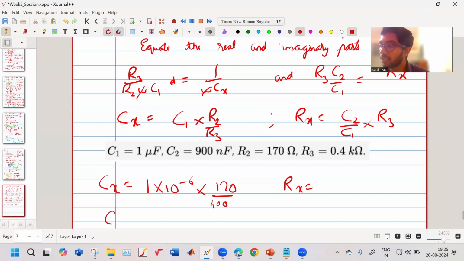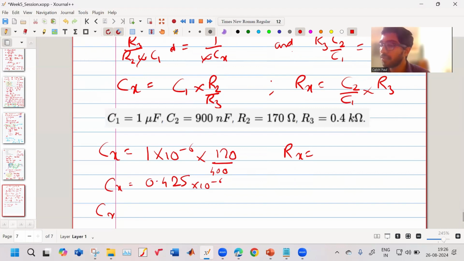That becomes 0.425 into 10 to the power minus 6, not 0.4. So it becomes 0.425 microfarad.